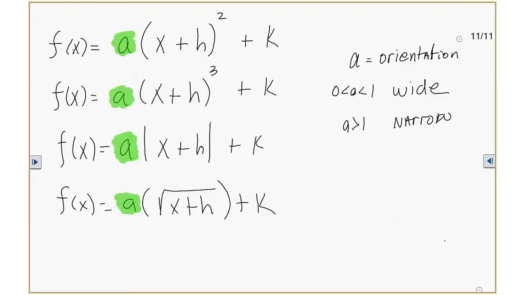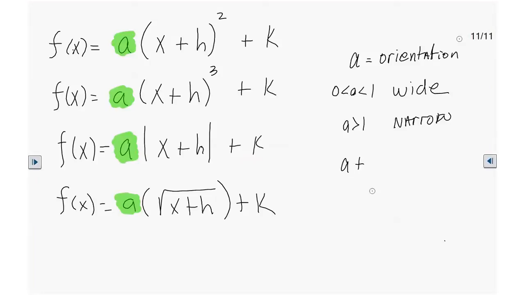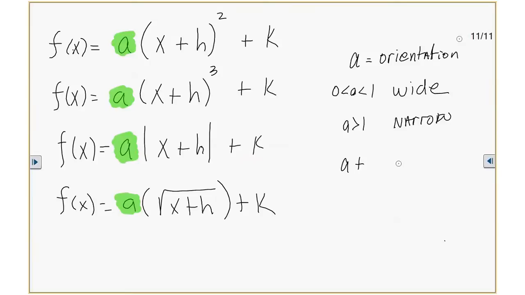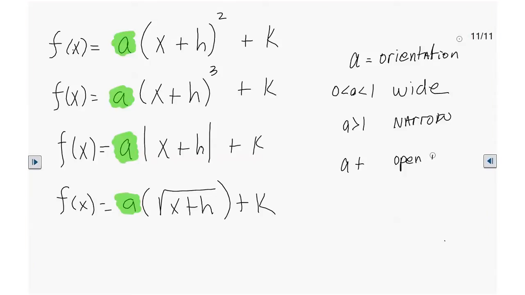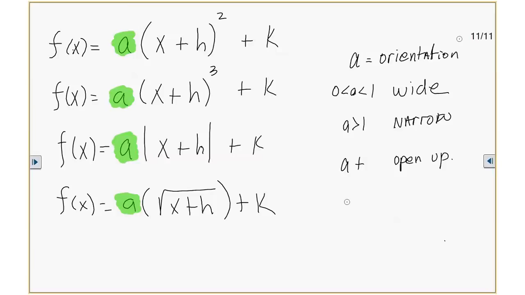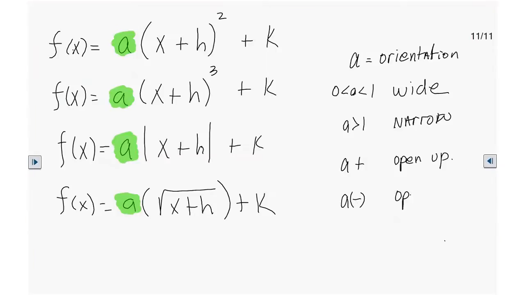Okay, what about if A is negative? Well, if A is positive, that means it's opening upward. If A is negative, that means it's opening what? Downward.